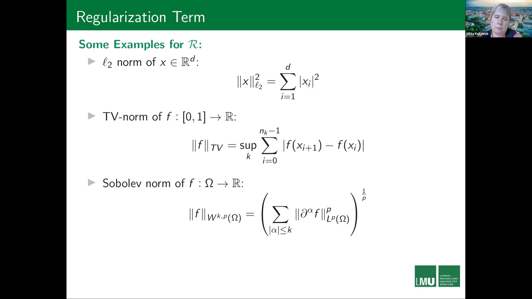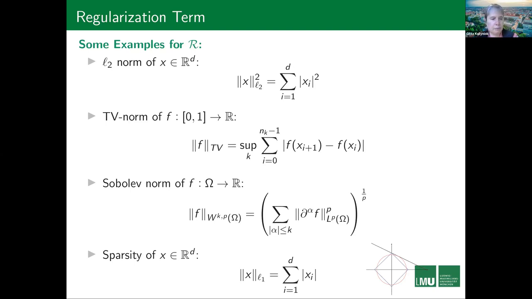The Sobolev norm might sometimes be a good choice. And the last is one can use sparsity of X. Sparsity we also already saw several times during the lectures. And for instance, we also have representation systems like wavelets or shearlets, which give us sparse representations. So therefore, this is typically also a very good choice.